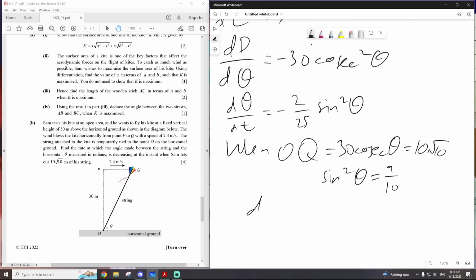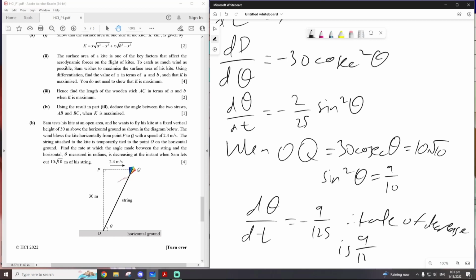So at this point, d theta/dt will be equal to negative 9 over 125. So therefore, the rate of decrease, note that d theta/dt is negative, so the rate of decrease is positive. It is 9 over 125 radians per second. Yeah, always leave it in radians for calculus.